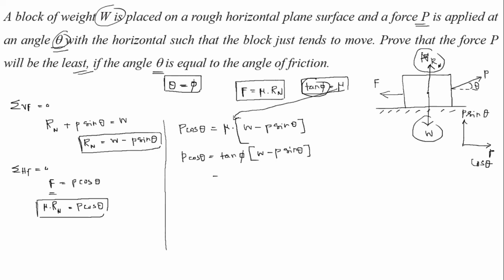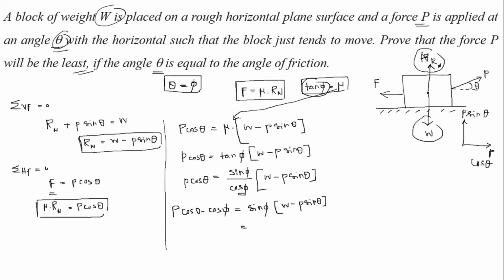So, I can write tan phi as sin phi divided by cos phi into W minus P sin theta, on this side P cos theta. Now, multiply this cos phi in this, right. Now, the equation comes like this: P cos theta into cos phi is equal to sin phi into W minus P sin theta.